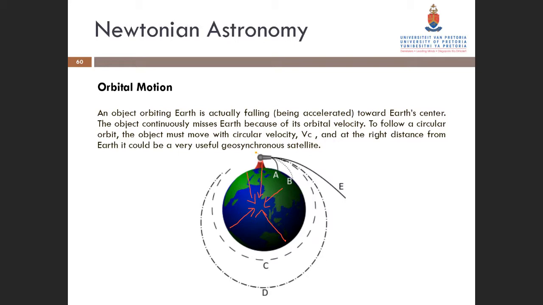When we speak about an orbit, we use our orbital velocity. Another word for this is circular velocity. Let's imagine we have a cannon over here, and we have a velocity that is less than our acceleration towards Earth, then we will be pulled to Earth.